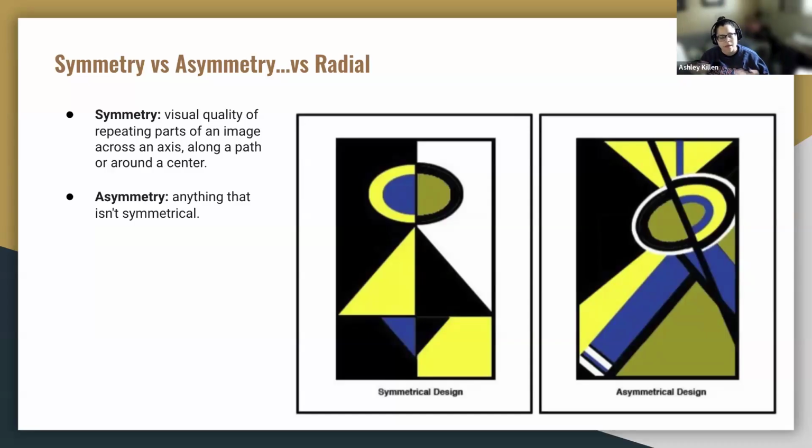Asymmetry is where there's no rhyme or reason. What's on the left does not look like what's on the right. What's on the top does not look like what's on the bottom. But regardless of whether they're symmetrical or asymmetrical, they can still have balance. Just because you put an image at the bottom does not mean you have to put an image at the top. You have the title at the top and a graphic at the bottom.